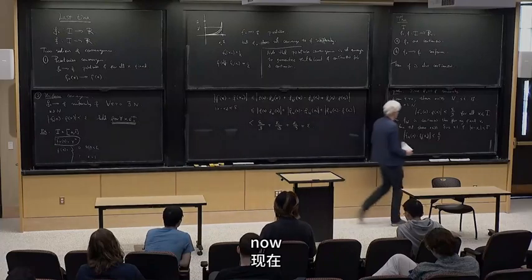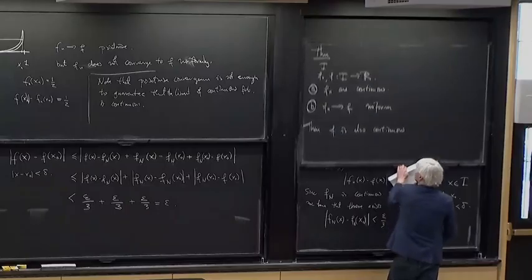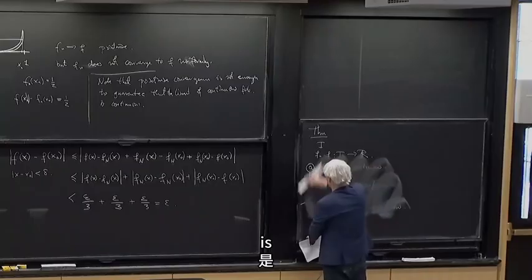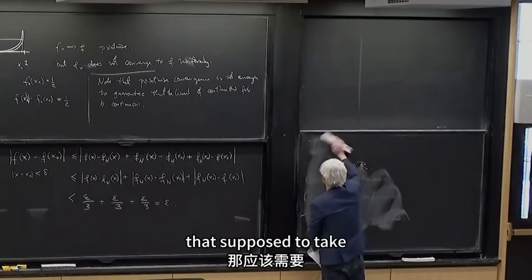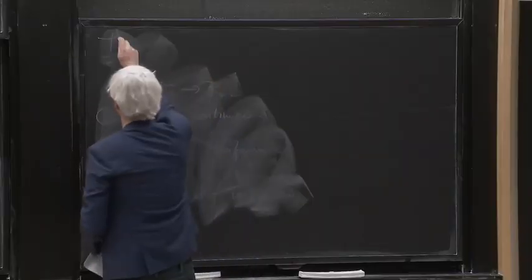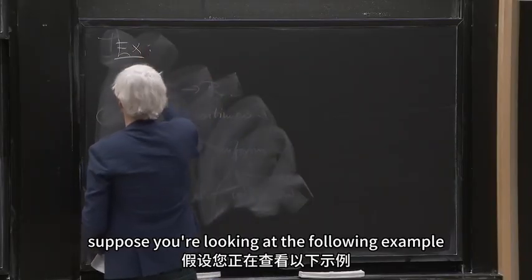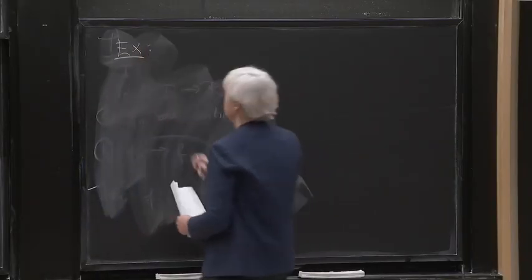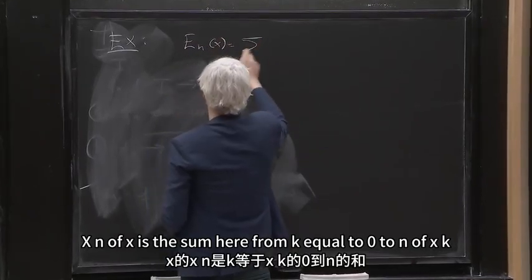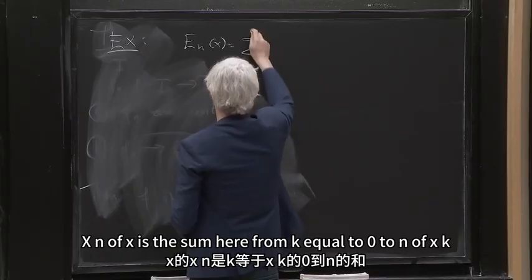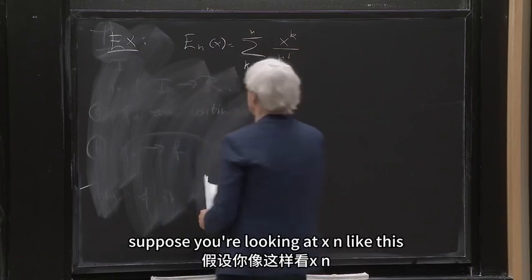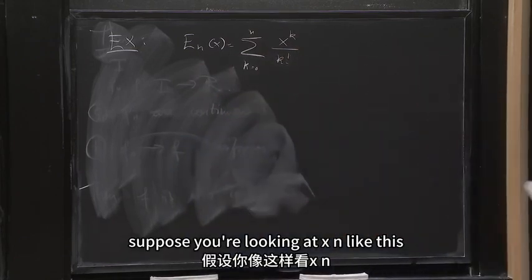Now, the first application of this is that suppose you're looking at the following example. Xn of x is the sum from k equal to 0 to n of x^k over k factorial.